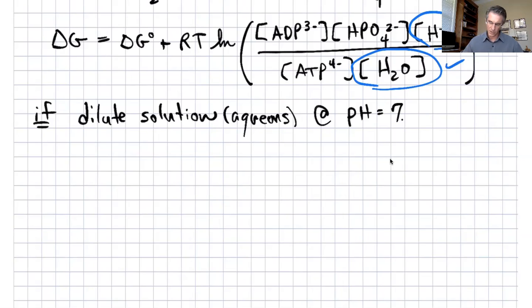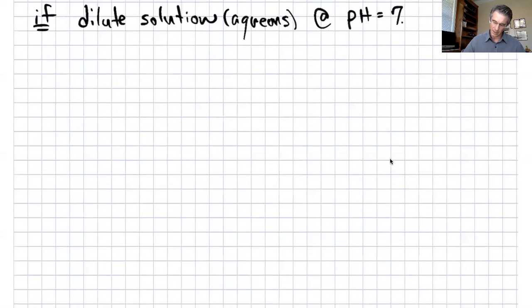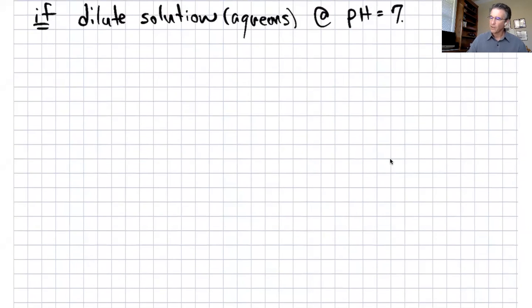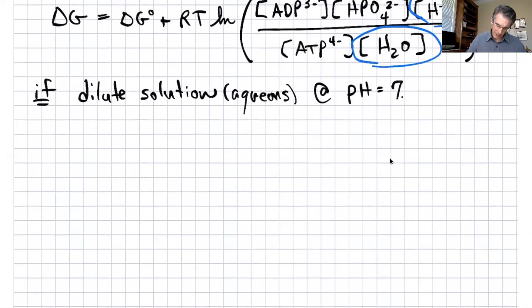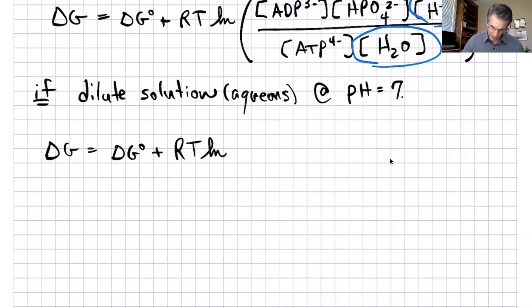In which case we can now rewrite this expression to look something like this. So delta G again equals delta G naught plus, and now I'm going to use the law of logarithms to split that expression apart a bit and group these terms in a slightly different way.